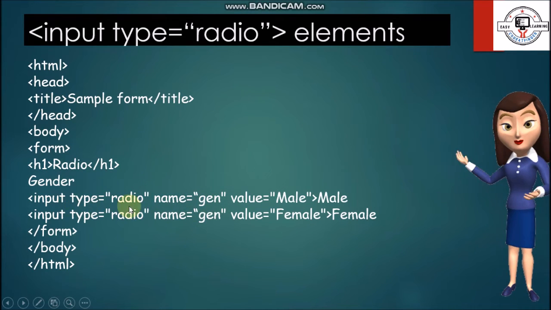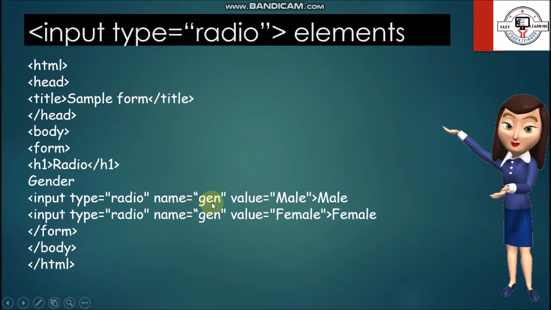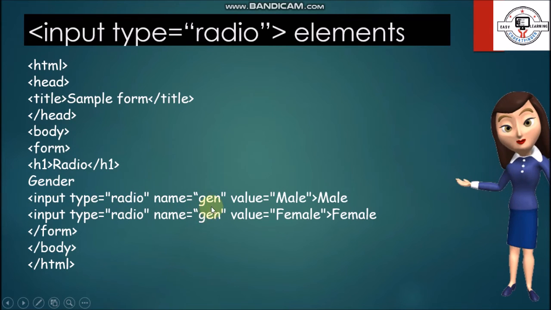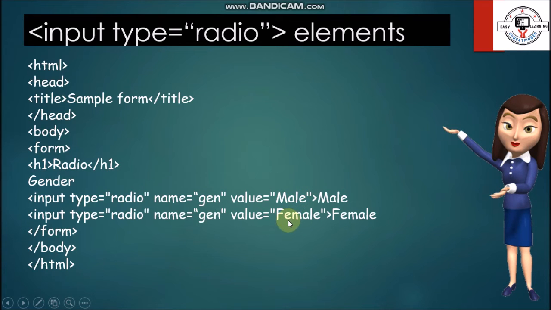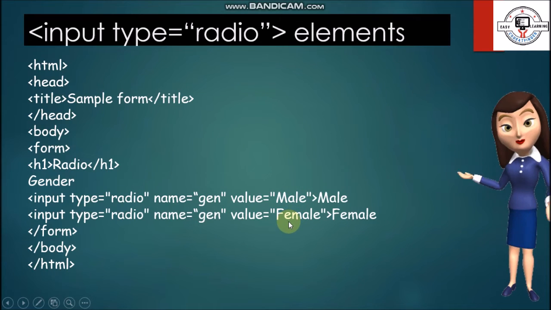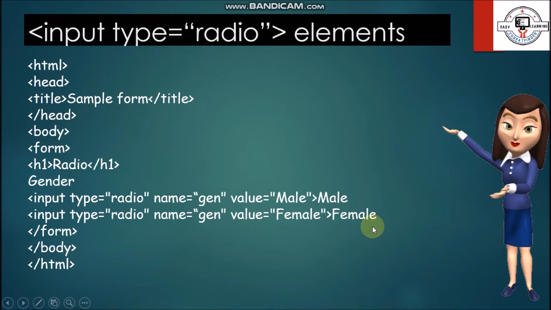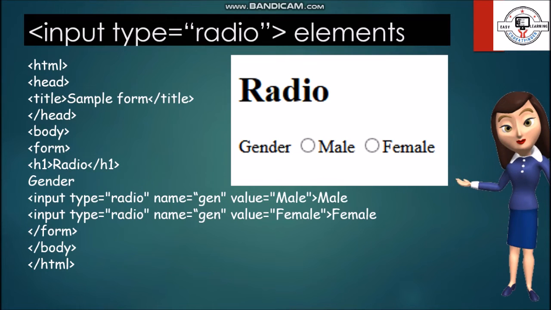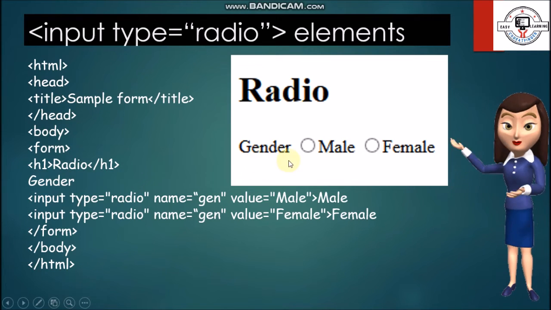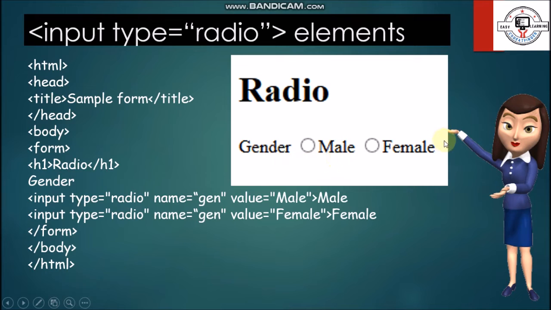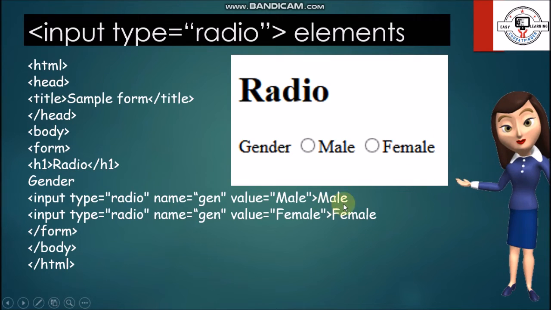So type will be radio and name will be the same for both, and whatever value we take, it will display there. This male and female will be on the web page. Just see here the result: radio, gender will be here, male and female.